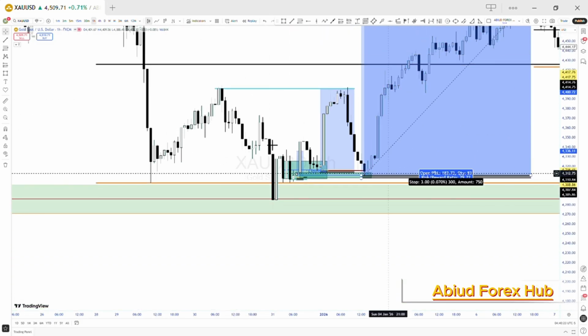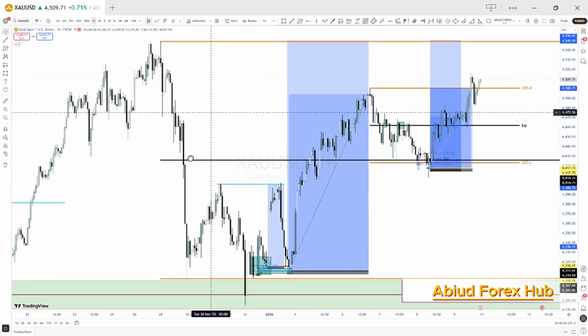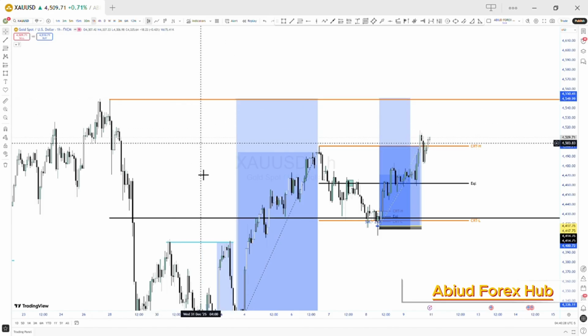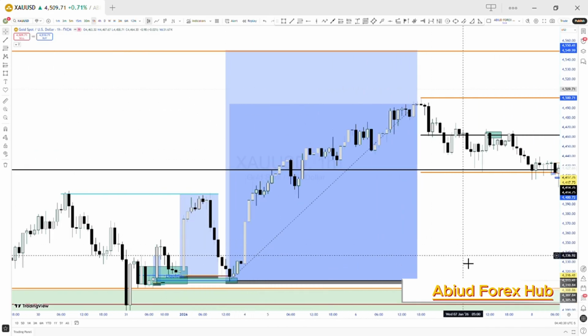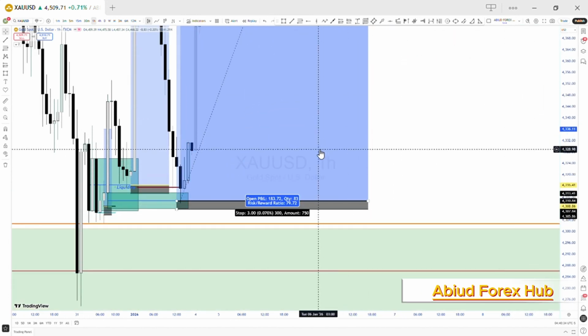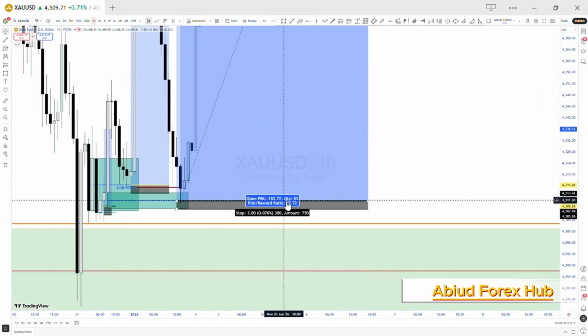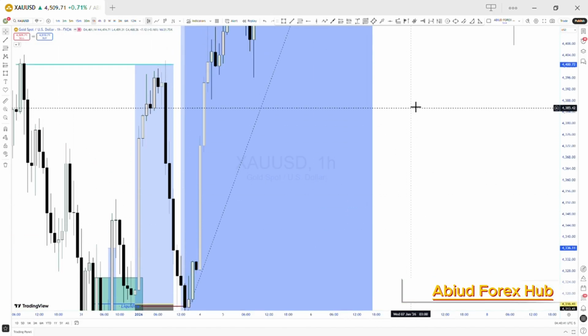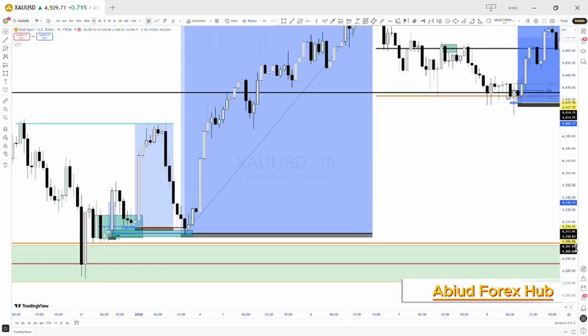The highest level of the CRT, and that's why my target is still up here. And you realize our risk reward ratio is quite big. It's around 1:79. Yeah, so we moved with that. We are still moving.